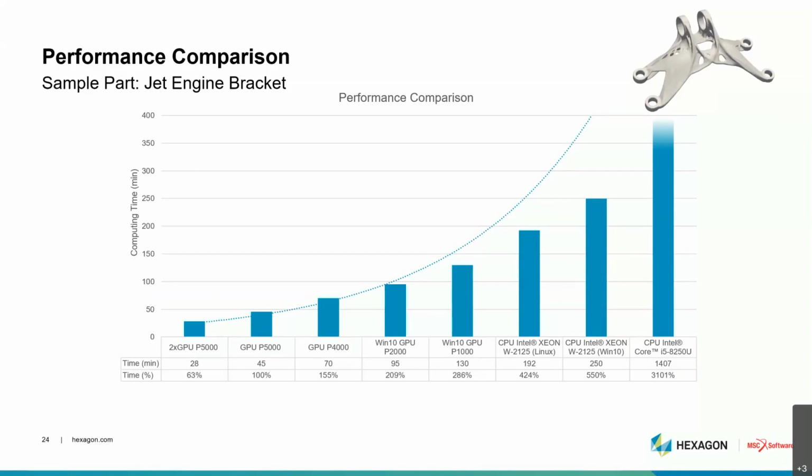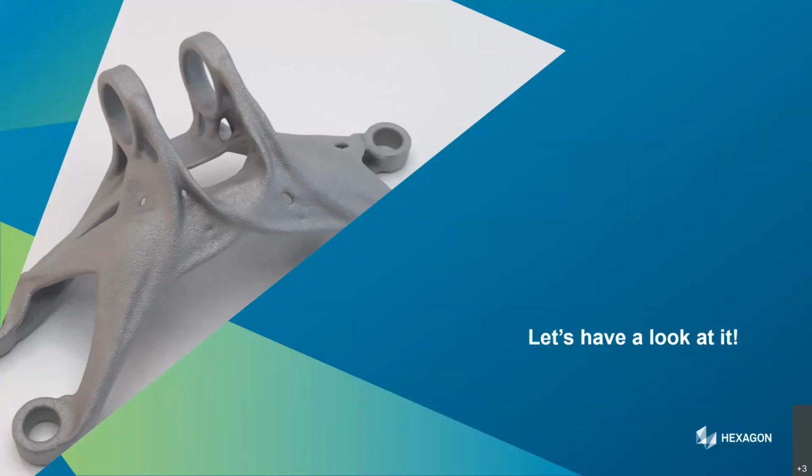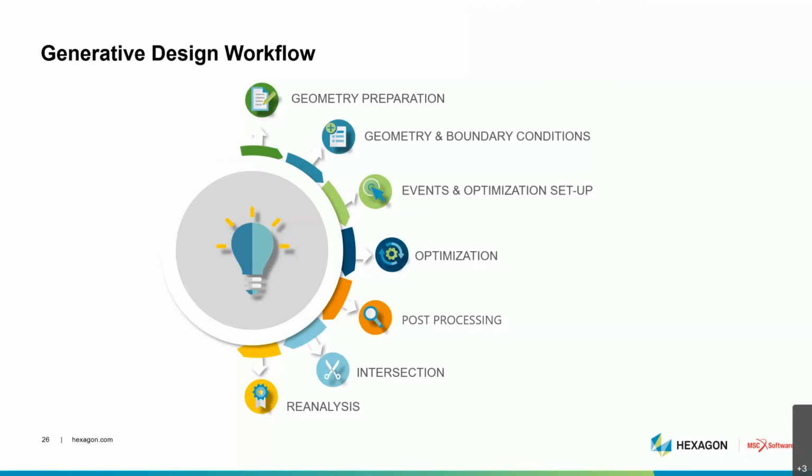Before we jump into the software, let's go over the workflow of our optimization. First of all, we have the geometry preparation, and this can be done directly in Apex, or you can do this prior in another CAD program and import the CAD data. After this, of course, we need to prepare the geometry and boundary conditions and set this up in different events and do some more optimization setups.